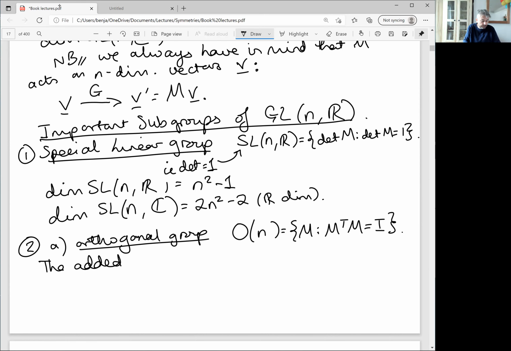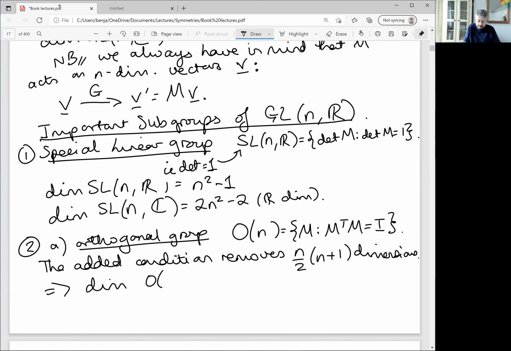And so in the book or the example sheet, you'll see that this added condition removes n over 2 times n plus 1 dimensions. Again, real dimensions are implicit. So this implies that the dimension of O n is just the original dimension we start with, which is n squared, minus n over 2 times n plus 1, which is n over 2 times n minus 1.